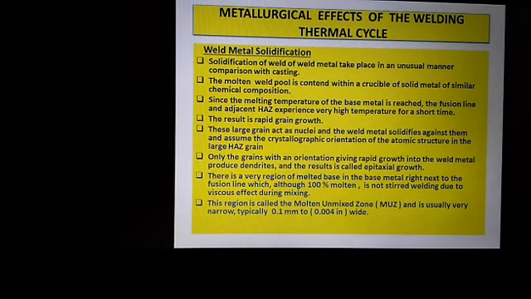There is a very thin region of melted base metal right next to the fusion line, which although 100% molten is not stirred into the weld due to viscous effects during mixing. This region is called the unmixed zone and is usually very narrow, typically 0.1 mm to 0.004 inch wide.